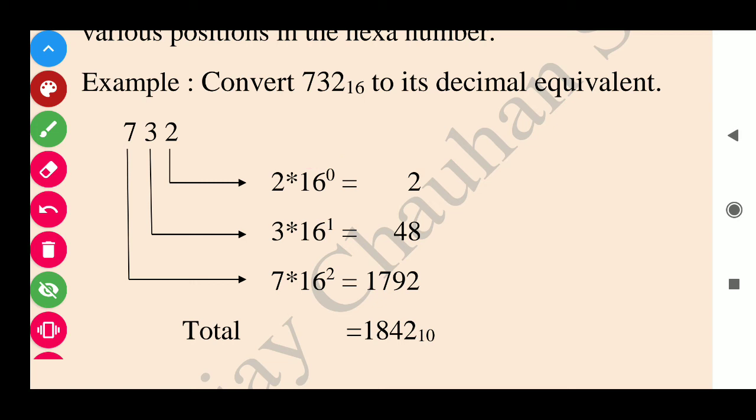So now 732: write this 2 here, into 16 raised to the power 0, always start from 0. 16 raised to the power 0 is 1, into 2 is 2.